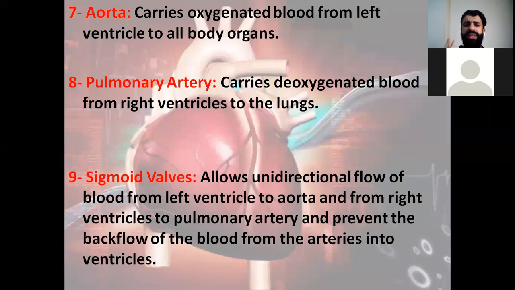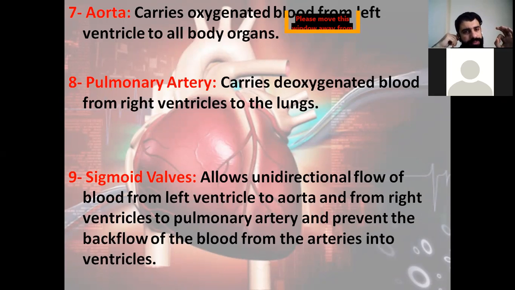Aorta. What is the role of the aorta? Aorta has an important role. It carries oxygenated blood from the left ventricle to all the body organs. So it's a very important part of the heart.